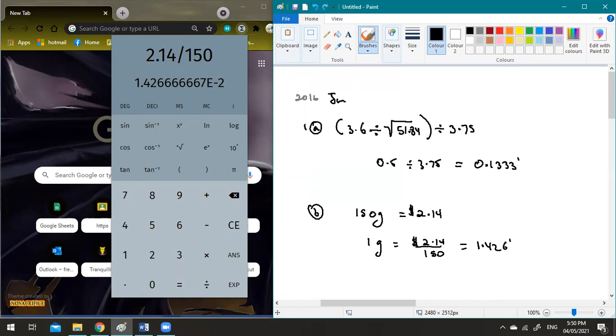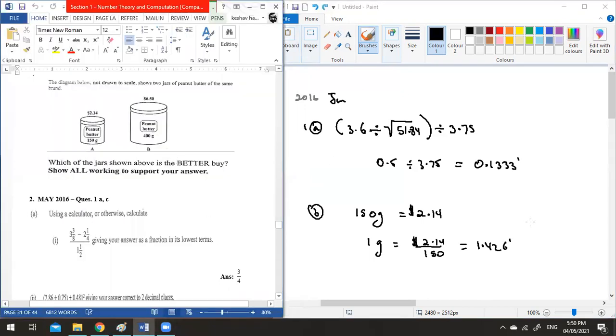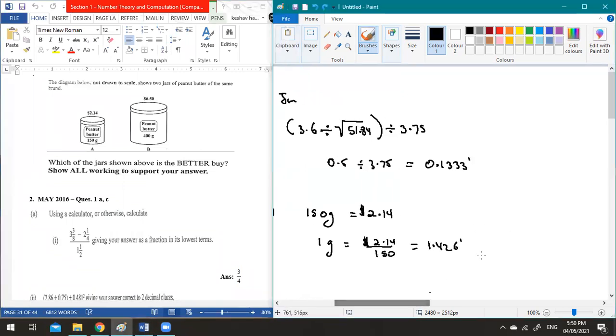And the other one was 400 grams, which was $6.50.